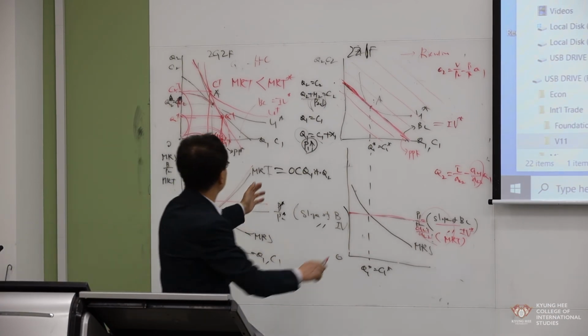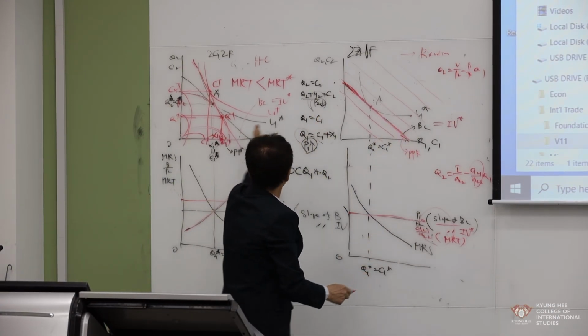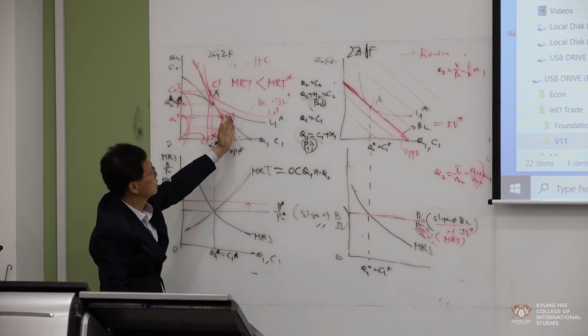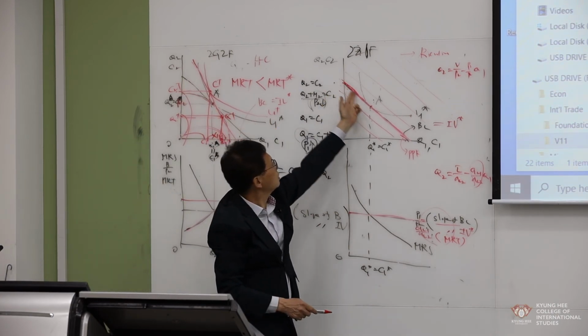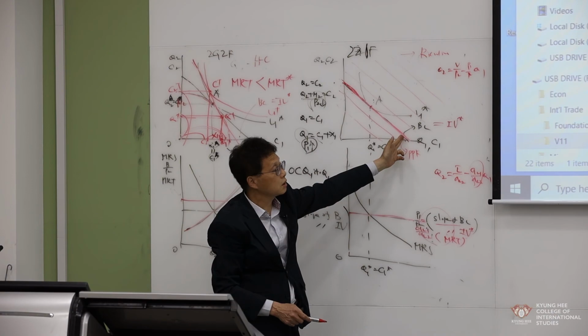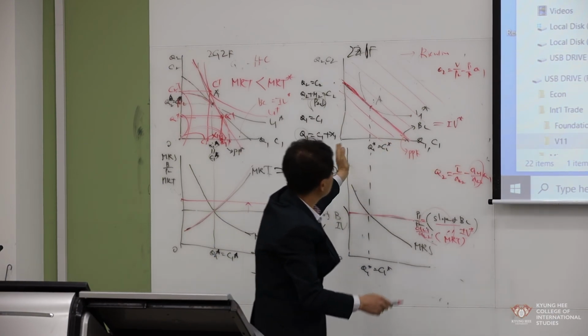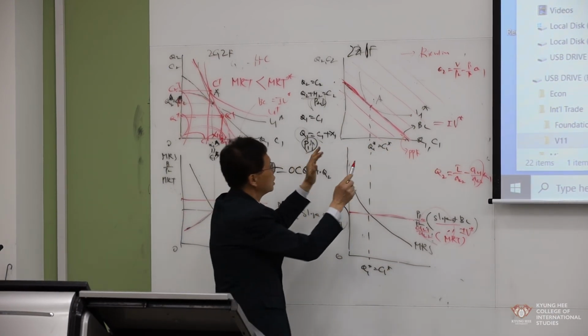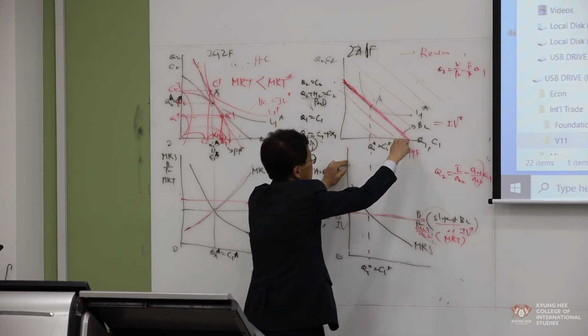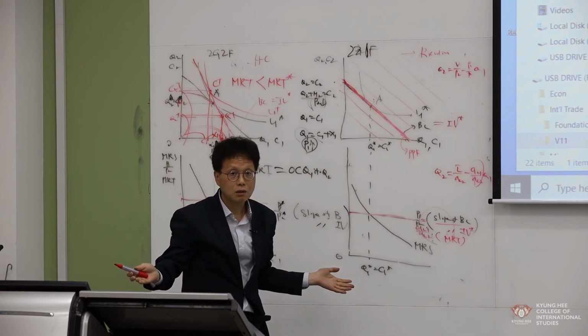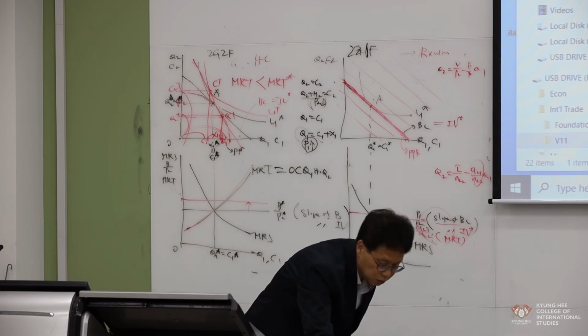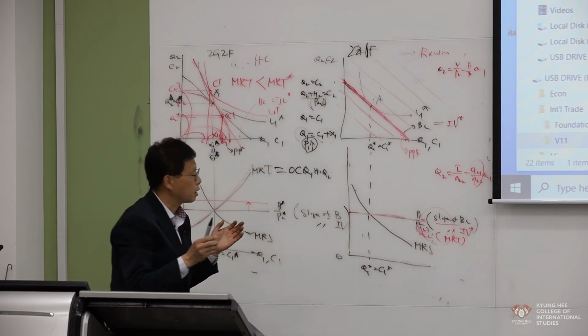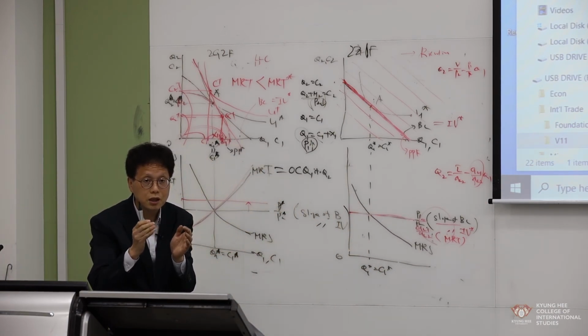For example, that is similar to this in the two-factor model, but that is the production possibility frontier, right? Anyway, in the production possibility frontier, no change. There is no reason for the production possibility frontier to change. But the slope of the budget constraint increases.